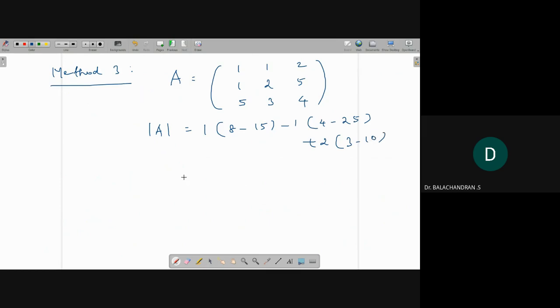So determinant of A is minus 7 plus 21 minus 14. So 21 minus 21, 0. So determinant of A equals 0. So this implies x1, x2, x3 are linearly dependent.